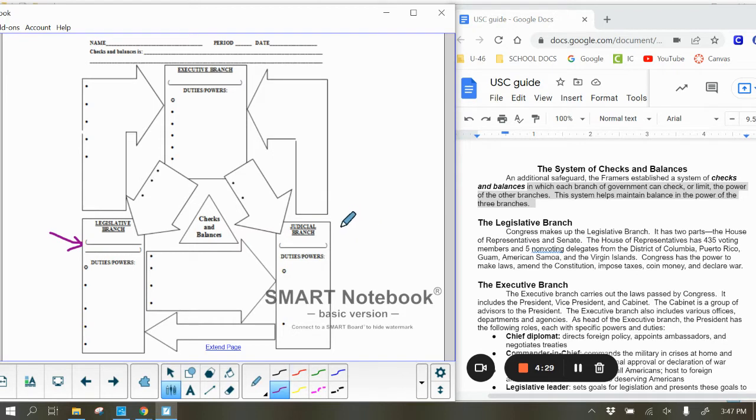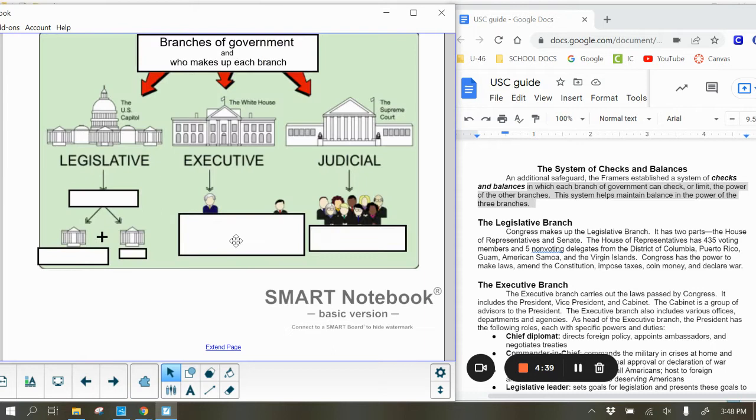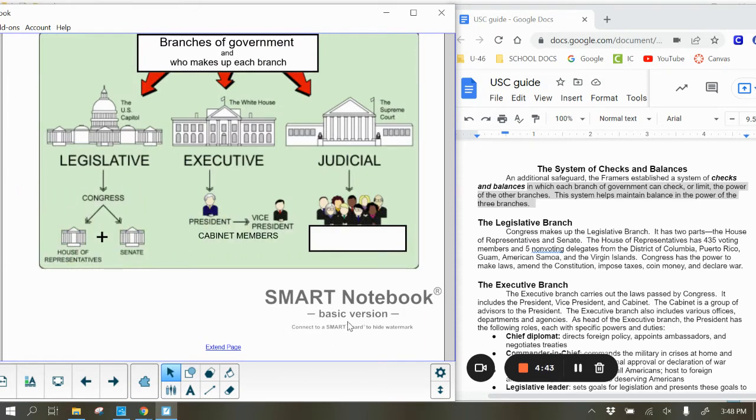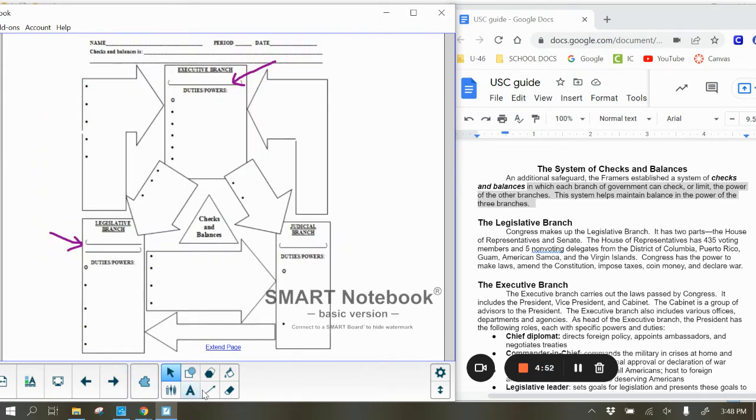We are only writing our answer here in this space. So that should say president, vice president, and cabinet members. And then the judicial branch is made up of the court system, or courts and judges. So once again, that answer is going to go right here.